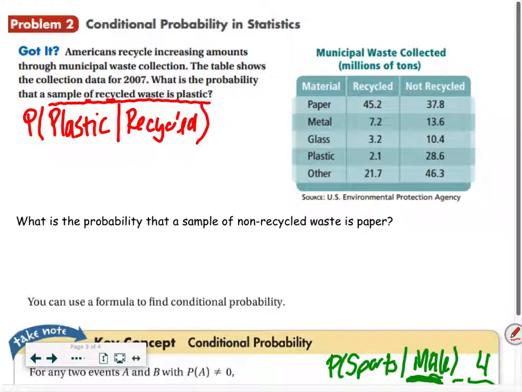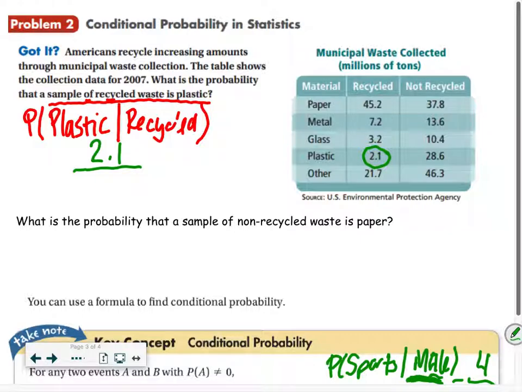Okay, so up top is our combo. The probability that it's plastic and recycled. And how much is that? Plastic and recycled is 2.1. What am I dividing on the bottom, the probability that it's plastic or the probability that it's recycled?